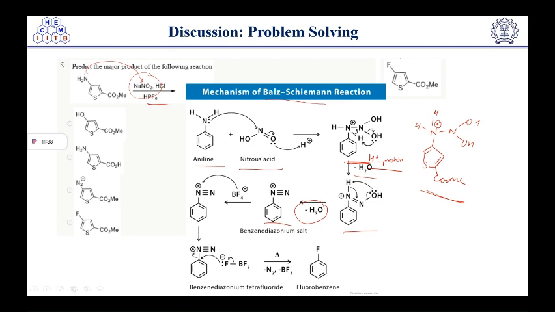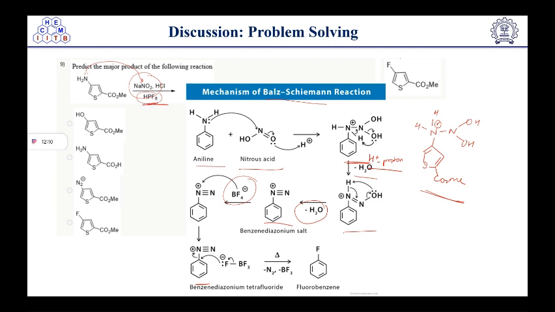Now, after getting this diazonium salt, the next step is we have acid, right? Fluoroacid. Here also we have acid. So it will attack on the nitrogen atom of the diazonium group, and it will give you an intermediate which will look like this one. So here what will happen? This F minus from BF4, sorry, here we have HPF6, right?